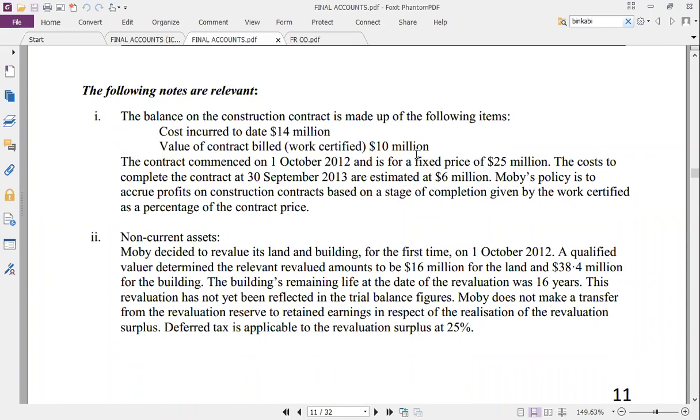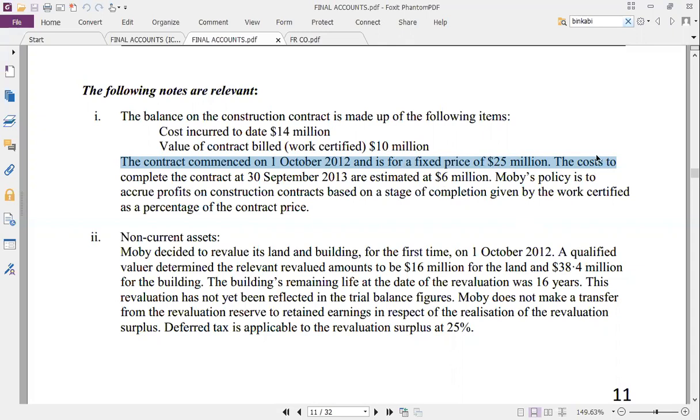The work satisfied is 10 million. Divide the 10 million by 25 million, the total work.